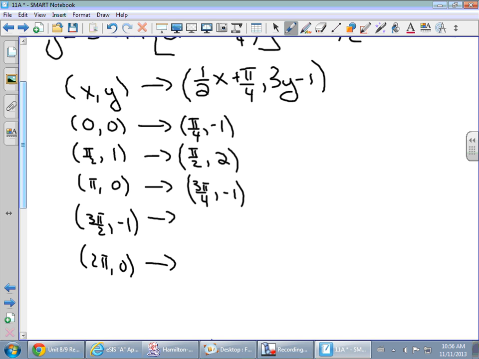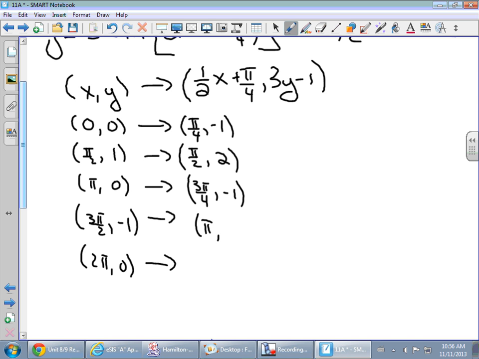Remember, when Rebecca first told me this, she told me it was 2 pi over 4. So pi over 4, 2 pi over 4, 3 pi over 4. What seems to be the pattern? It's increasing by pi over 2. So what would the next one be? The next one will be 4 pi over 4, which is pi.